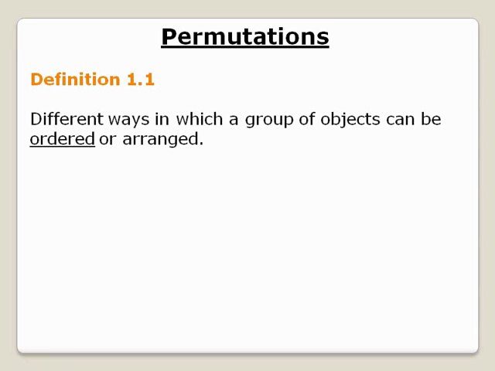Now let's look at the permutations. Here is the definition. Permutation is the different ways in which a group of objects can be ordered or arranged. When we say ordered, it has ranking, the first one, the second, the third, and so on.